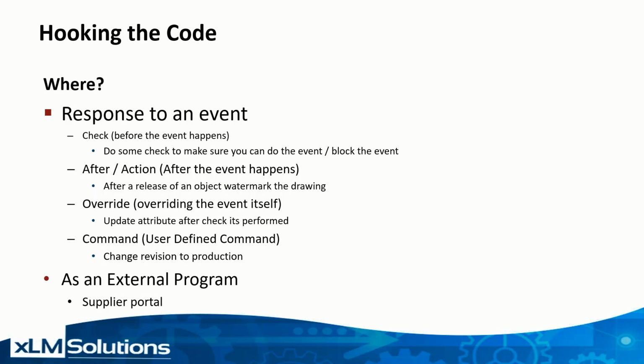So maybe we have prototype and production revisions, and we want to run a command that would change that revision from a prototype to a production. And we can do that not based on an event in the system, but based on a user command that he executes.